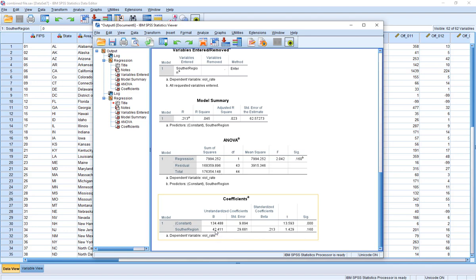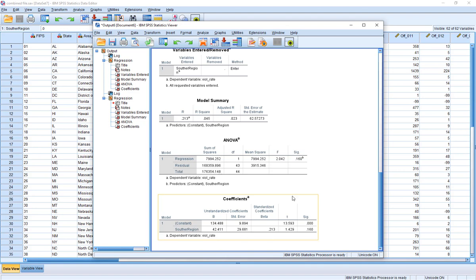But what it is saying is that states that fell in the southern region, on the average, had 42 more violent crimes per 100,000 in the population than states that were not in the southern region.